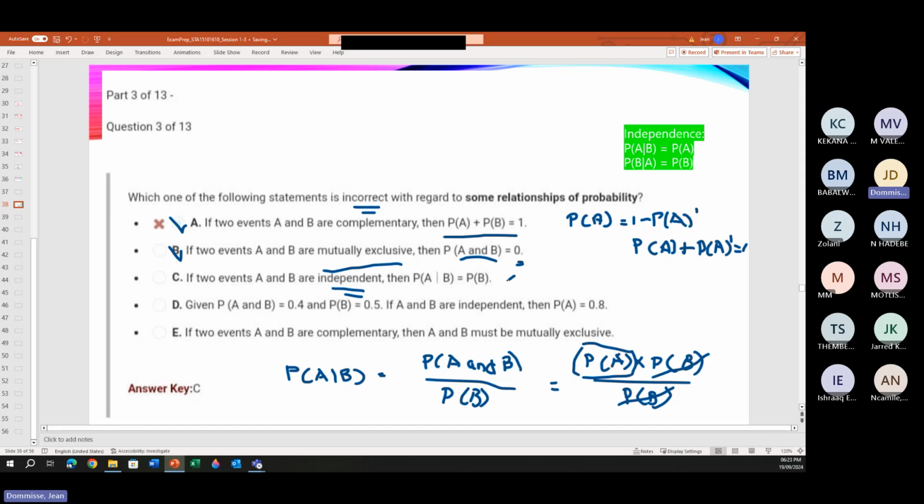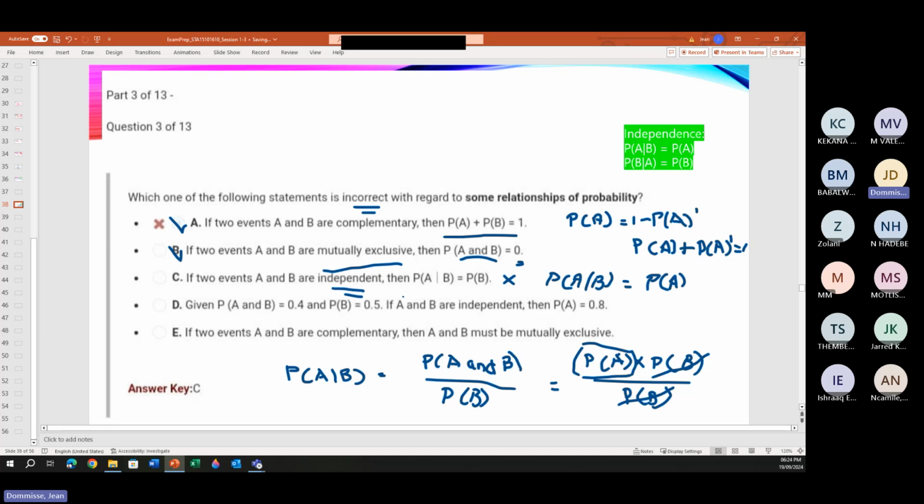So that one is incorrect, because it should have been: the probability of A given B is equal to the probability of A. So we have now actually proven that.